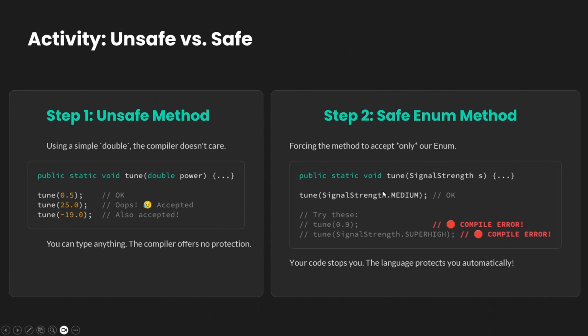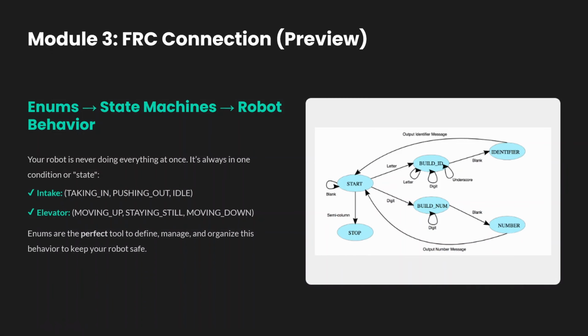So how do we connect that to our FRC machines? In FRC, robots are always in one state at every single time. Intake might be in, out, or stopped, or elevator might be low, mid, or high. I mean, moving up, staying still, or moving down. Your robot is never doing everything at once.